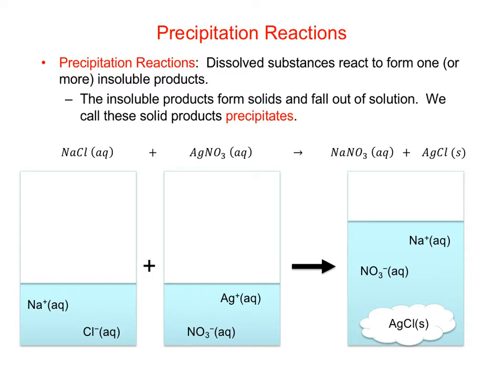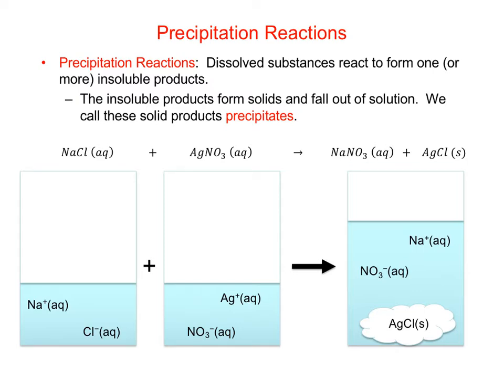If any of the pairs of ions can form an insoluble product, they will, and it will form that precipitate. So when we look at the solubility rules, we really only have to concern ourselves with the positive ions combining with the negative ions. Because sodium chloride and silver nitrate are both soluble, they aren't going to be insoluble products. But if I swap the sodium and then combine that with the nitrate and the silver with the chloride, those are our other possible products.